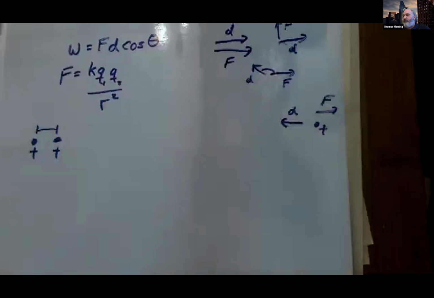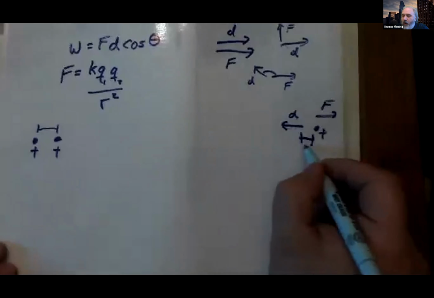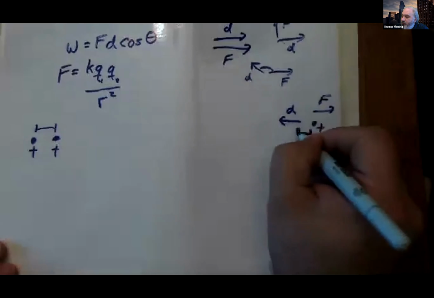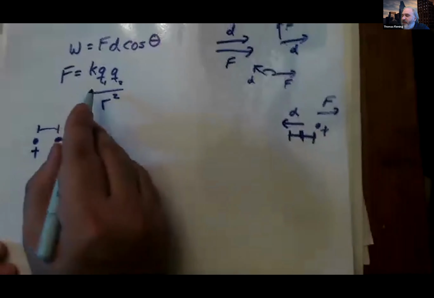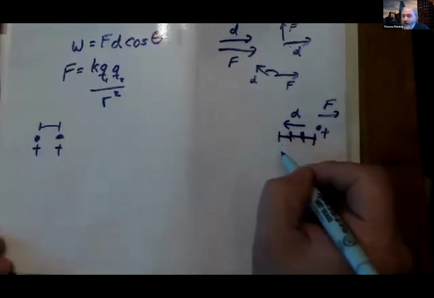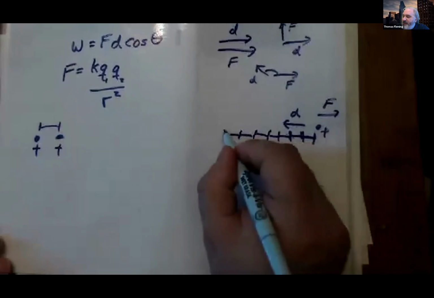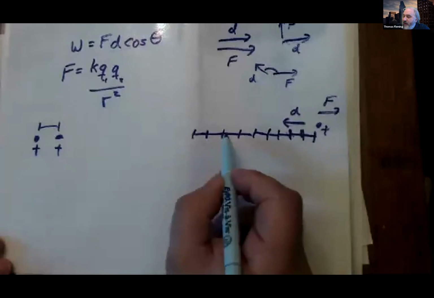So if I think of this move from here to here as a whole bunch of little tiny baby steps, I'll have one baby step where hardly any work is being done because F is so tiny. But in the next little baby step, the force is a little bit bigger, which means I'm doing a little bit more negative work. Then the next baby step, and each little baby step I take over some tiny distance, F is a little bit bigger.